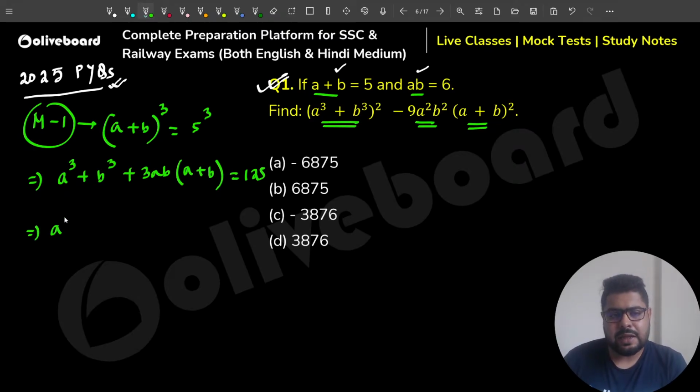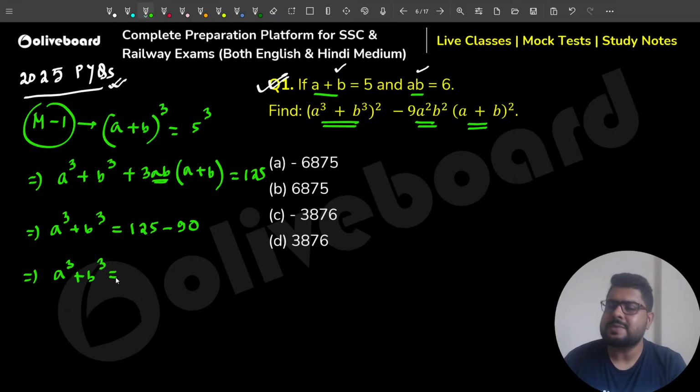From there, a cube plus b cube will be 125 minus 3 into ab, which is 6, 3 sixes are 18, 18 into (a plus b) which is 5, 18 fives are 90. So a cube plus b cube becomes 35.